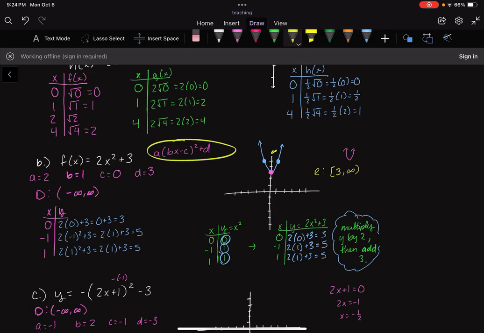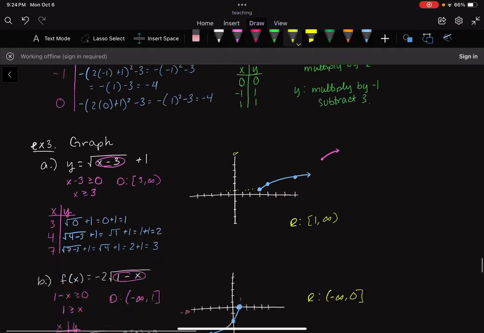It's just that I have replaced c with h and I've replaced d with k, and we're not worried about the b right now. You'll also notice that I used to say stuff like, whatever makes the inside 0, that's your first point. And it also so happened that that was the vertex point.